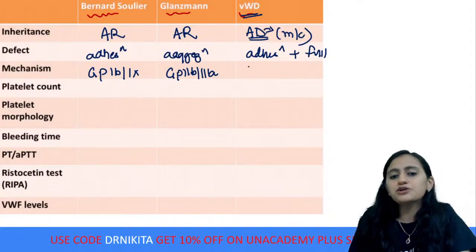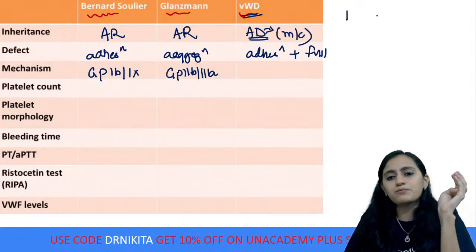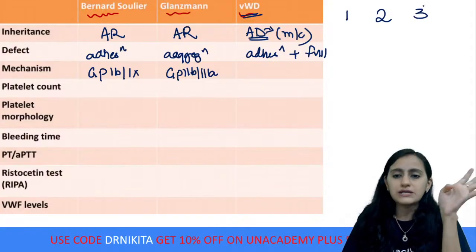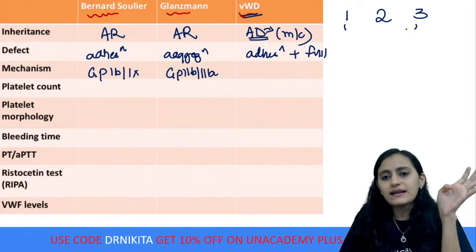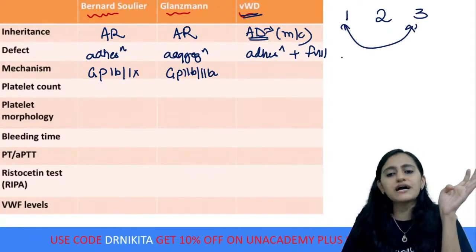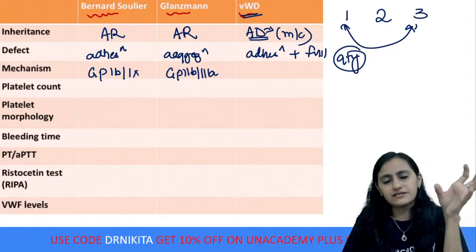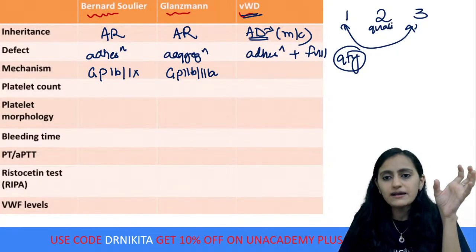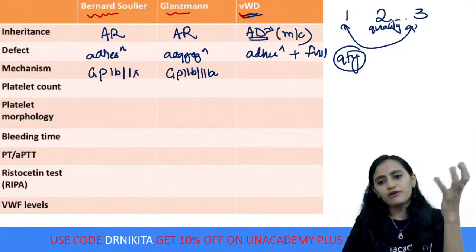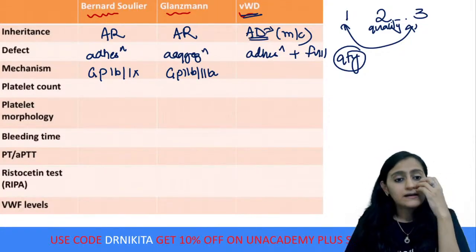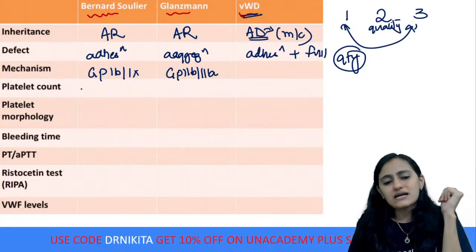Von Willebrand you have three types. You have type 1, type 2 and type 3. So in type 1 and type 3, these are the two types where the quantity is affected. Type 2 is the one where the quality of your von Willebrand factor is affected. Okay? Now, platelet count.